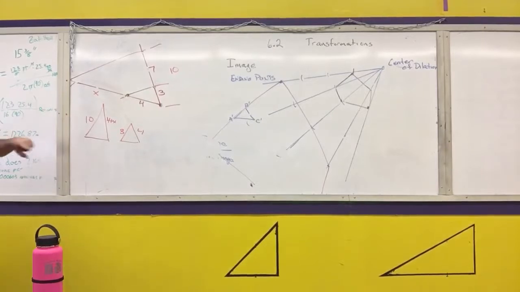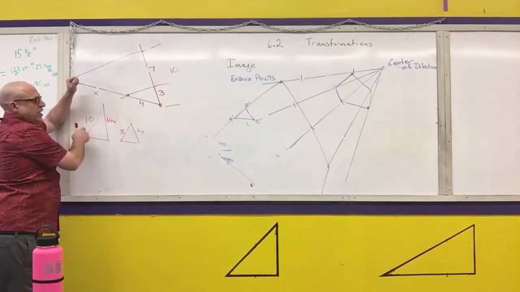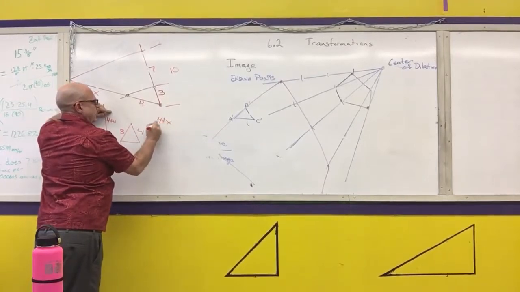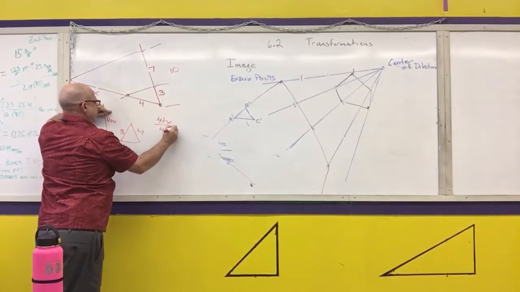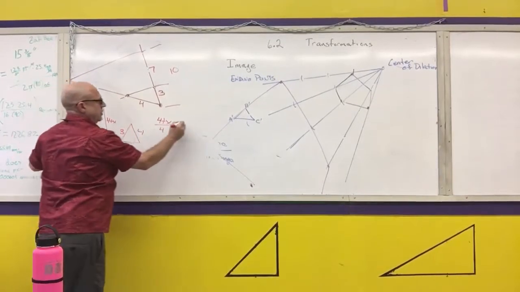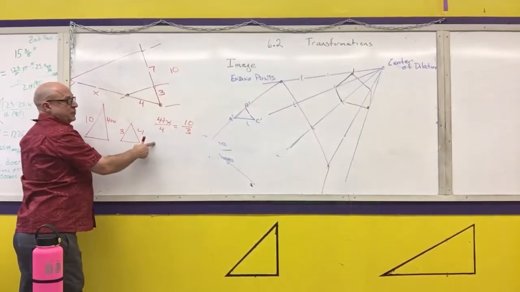way. So I'm going to do right over right equals left over left. 4 plus x over 4 is equal to 10 over 3. First step is to multiply both sides by 4.